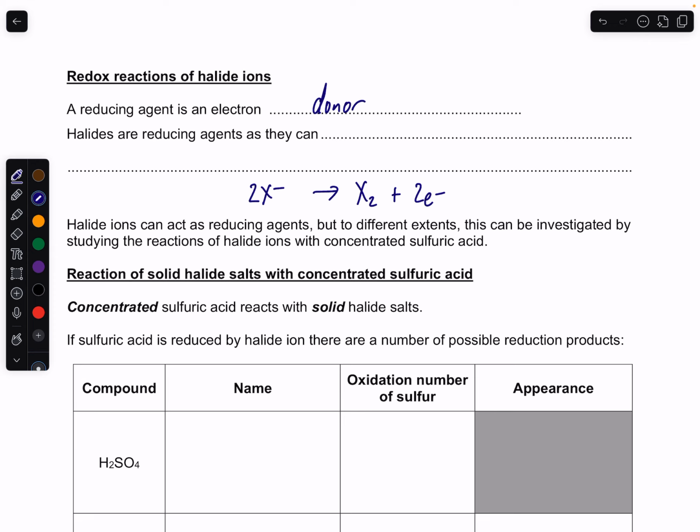So to complete the sentence above, halides are reducing agents as they can donate electrons and form halogens.